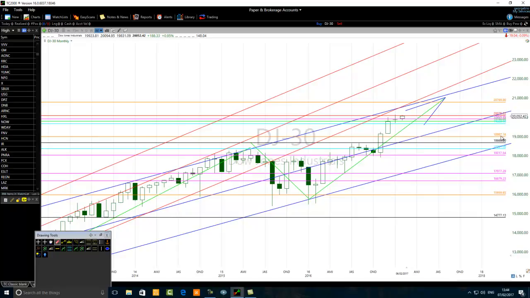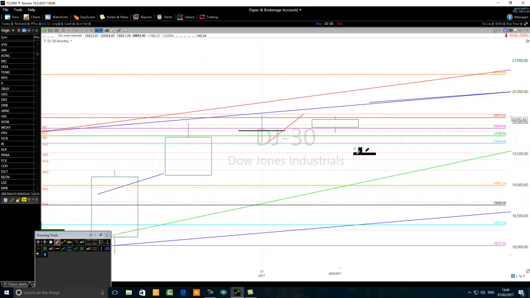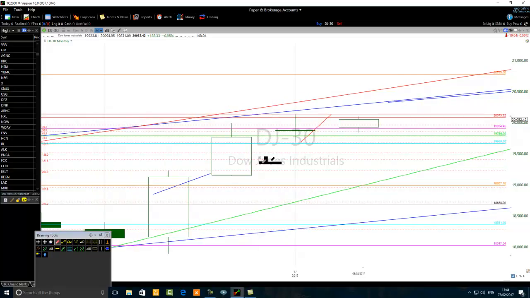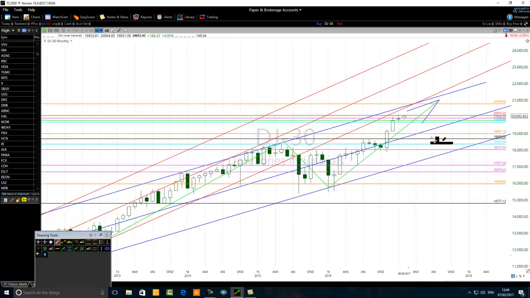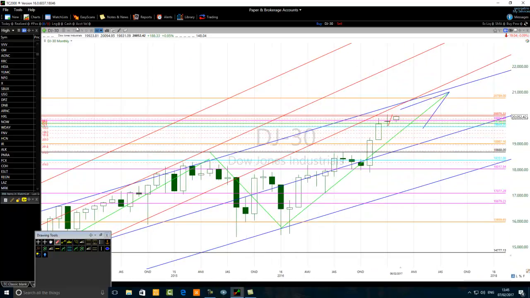All right. The current short-term equilibrium price level for the Dow Jones Index is at 19904. This is the pink line here. See the pink line here? Okay, let's go to the daily chart.